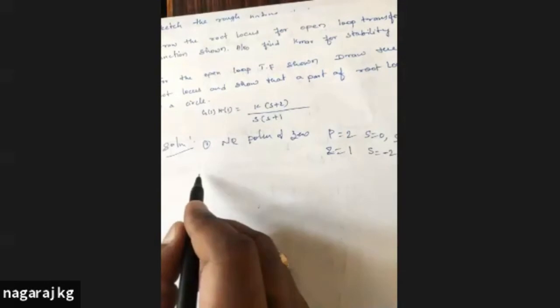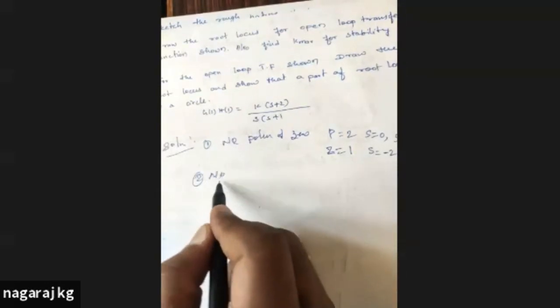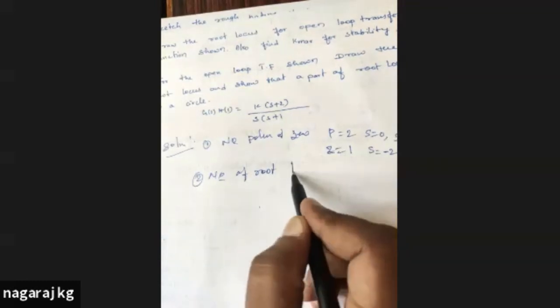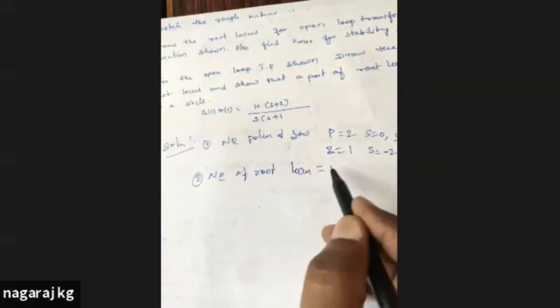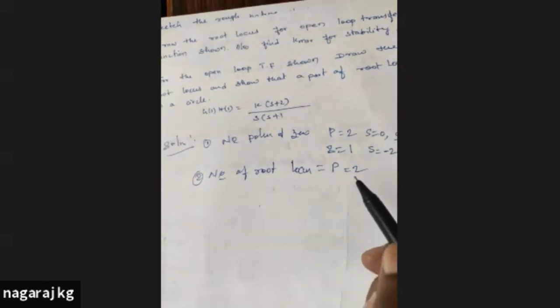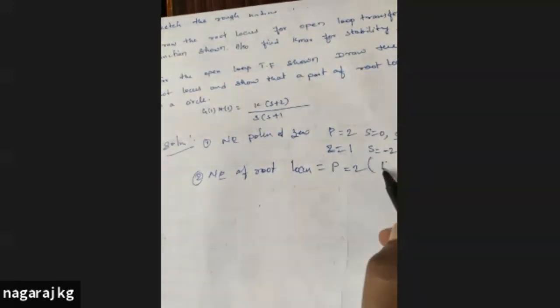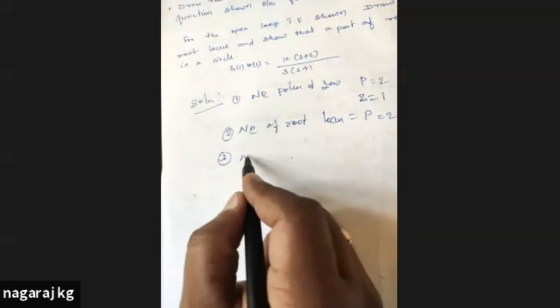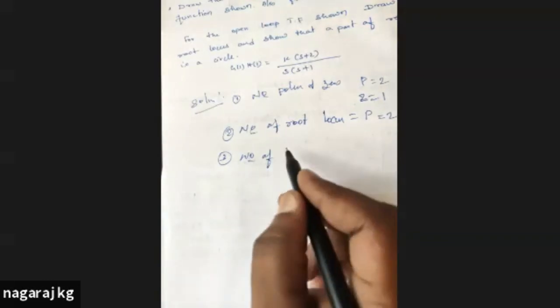So what is the next step? Number of root loci is equal to P, that is equal to 2, since P is greater than Z. Next, third point, number of asymptotes.